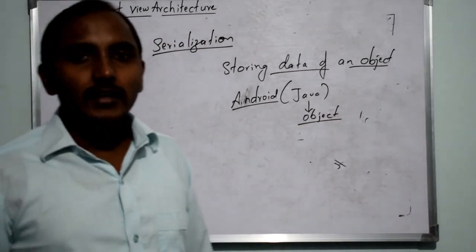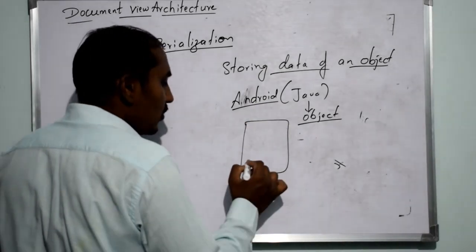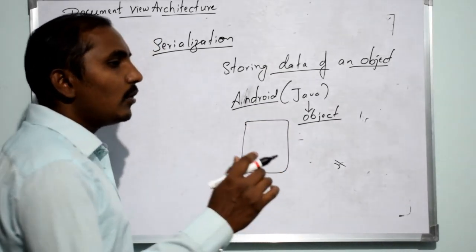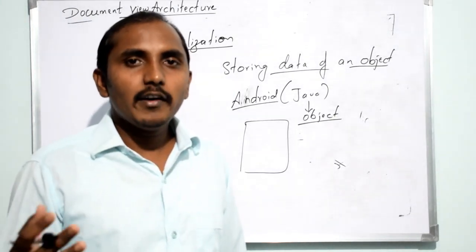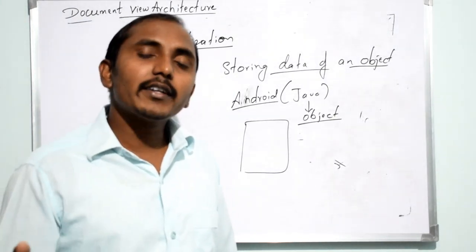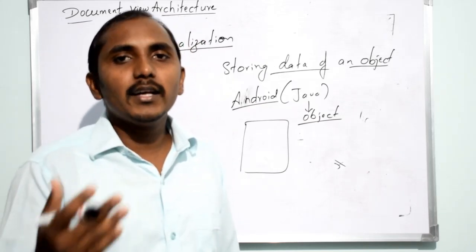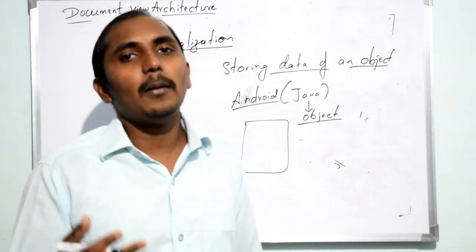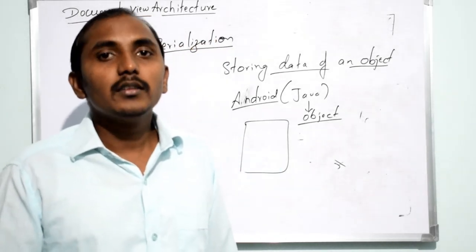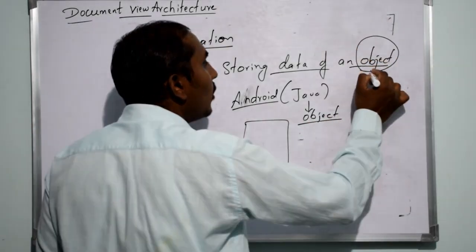I am playing a game, and I minimize that game, so it goes to the background. If I restart it again, it starts at the same position where I left the game. That is to say, that information is stored in the object.